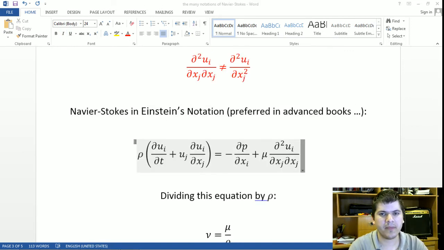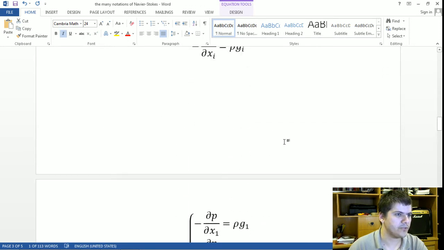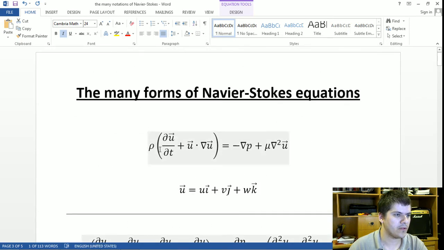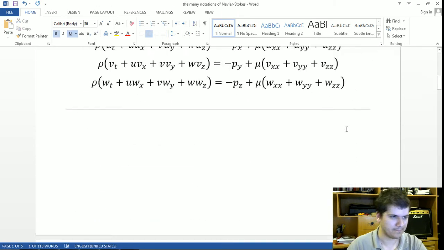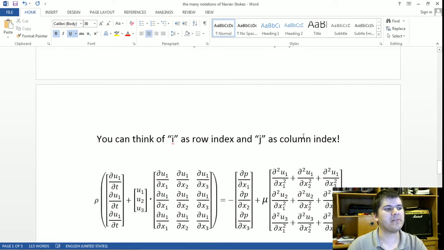Well, the main concern of someone who is studying this form for the first time is how do we go from here to this, from the Einstein's form to the vector form. Well, what you can do is think of i as a row index for a matrix and j as a column index.